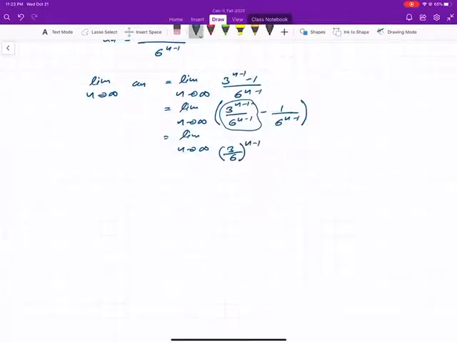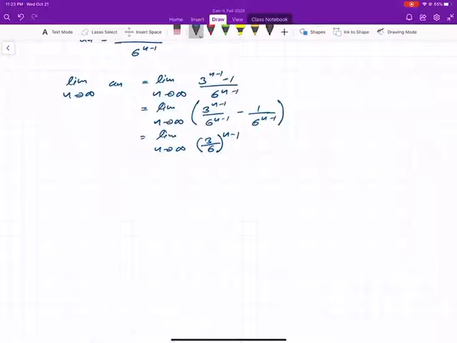You have learned this in your Calc 1 class, in indices and exponents. And then here you write minus limit n goes to infinity, 1 over 6 to the power n minus 1.